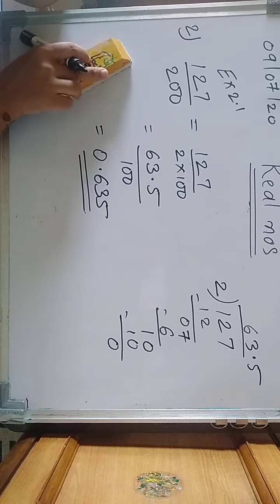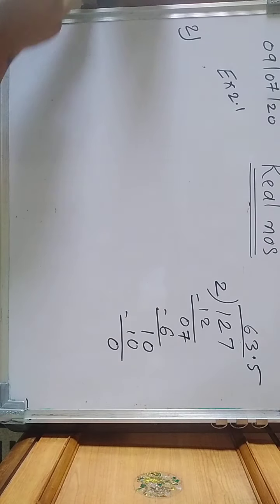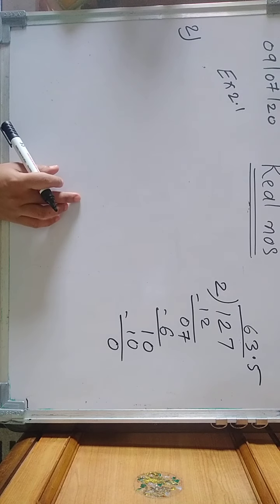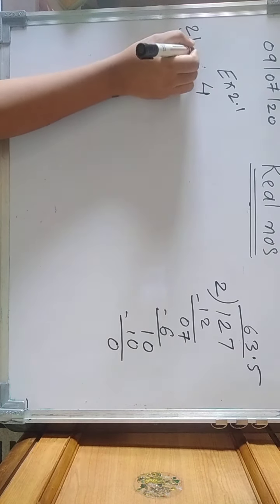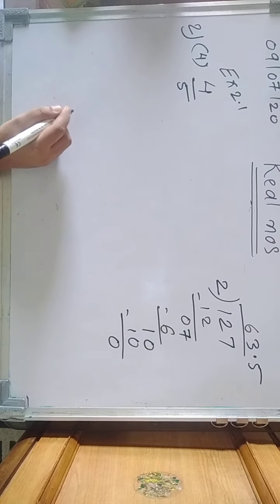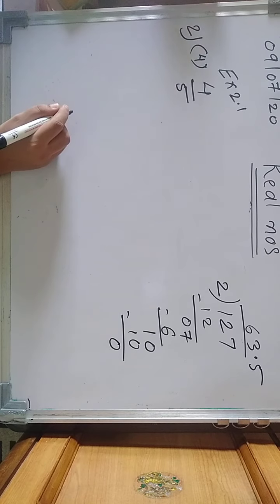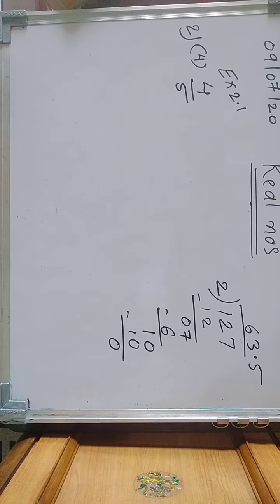Okay. So let's do question number. I'll leave some sums for homework for you all. So I'll try question number 4 over here. Question number 4, 4 upon 5. Again this is division. 4 upon 5 is division. So we have to do division over here.